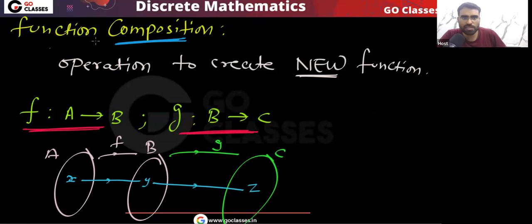Now, what does this composition say? This composition says that from these two functions, I can create a new function.